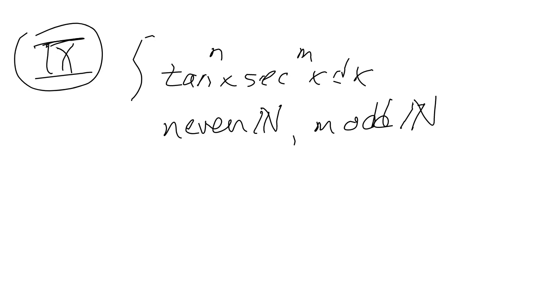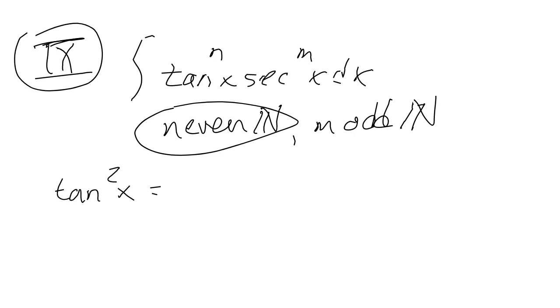Okay, then what are we going to do? We're going to rewrite this. Since n is even, we can use tangent squared plus 1 is secant squared, so tangent squared x is secant squared x minus 1. And so we can split that power up, divide it by 2.